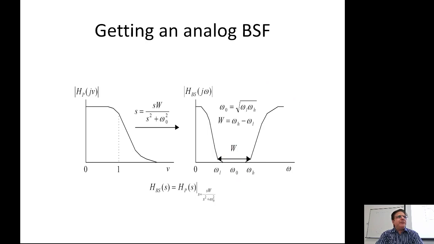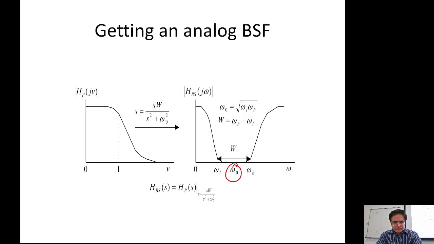Same idea. You can convert it into a band stop filter by just flipping it again. So you just replace s with sW over s squared plus omega naught squared. Omega naught is essentially the geometric mean of the lower and higher cutoff frequencies, and W is the bandwidth of the frequencies that you want to get rid of, centered at omega naught.